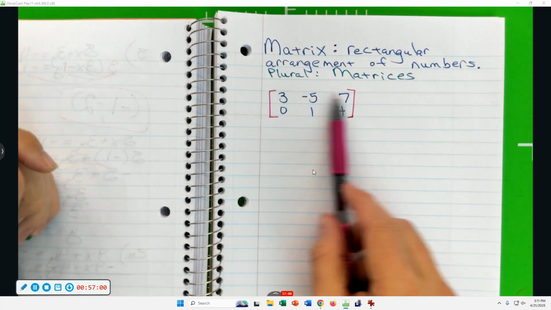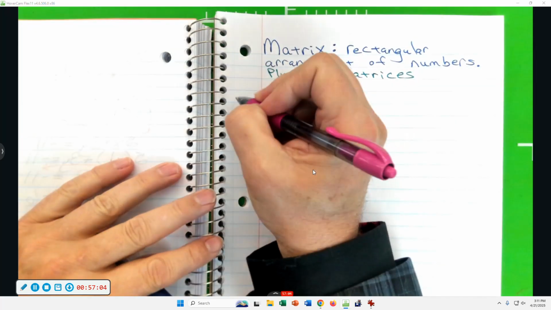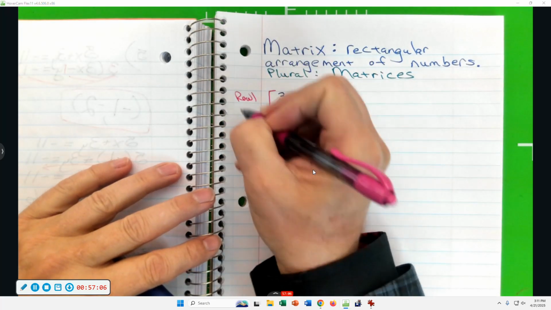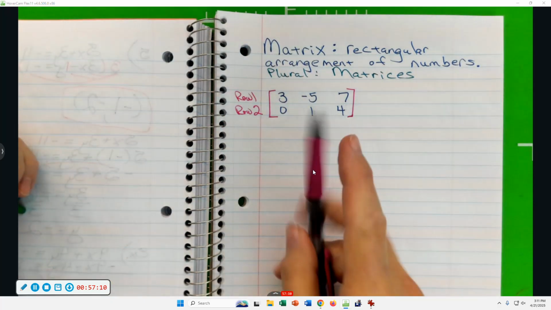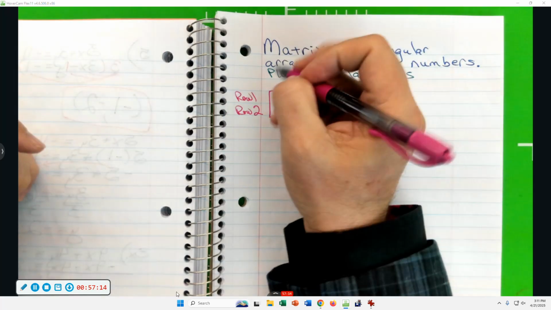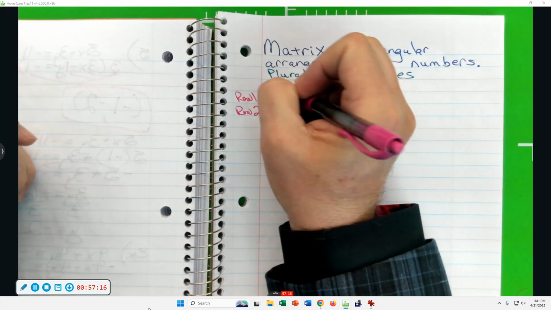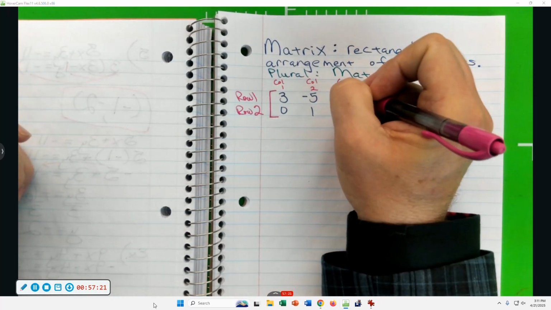The horizontal arrangements are called rows. So this is row 1 and row 2. The vertical alignments we refer to as columns. So this is column 1, column 2, and column 3.